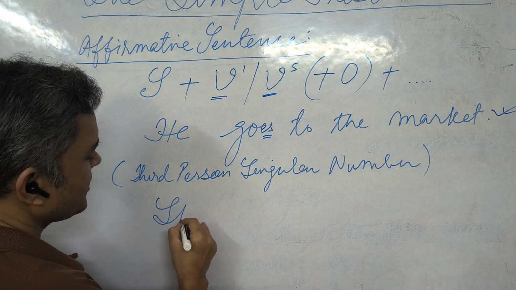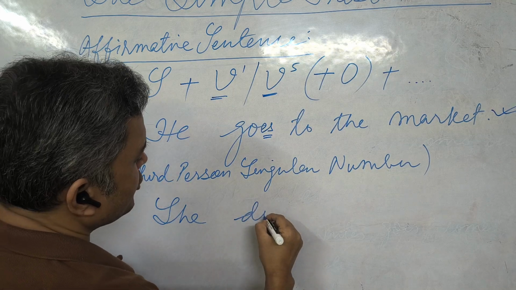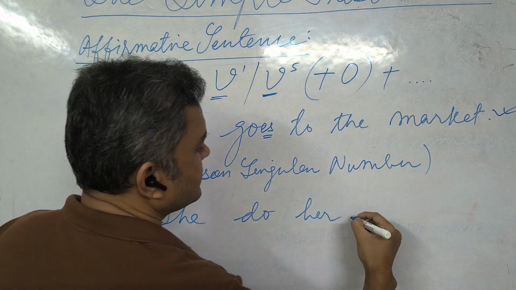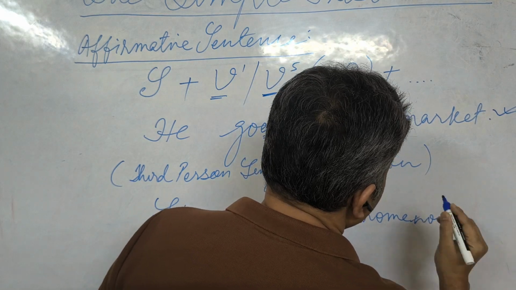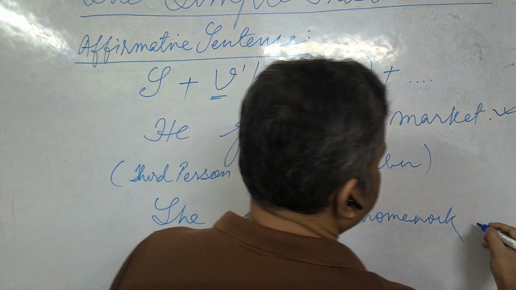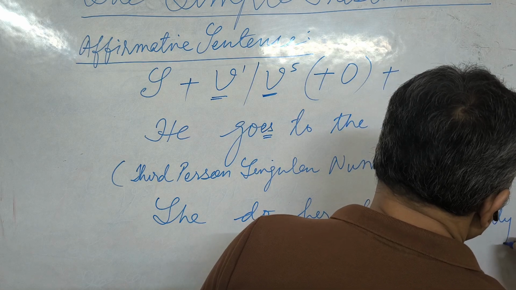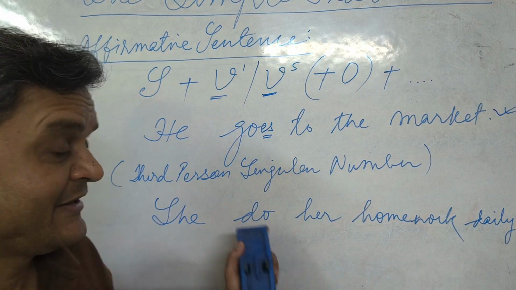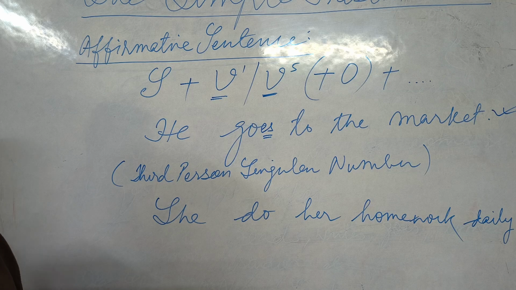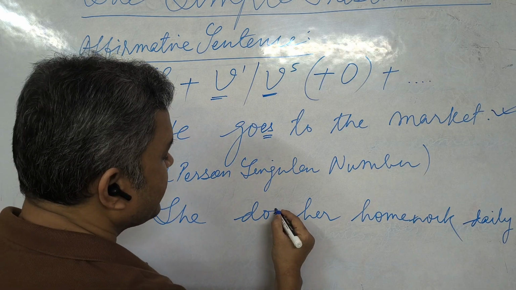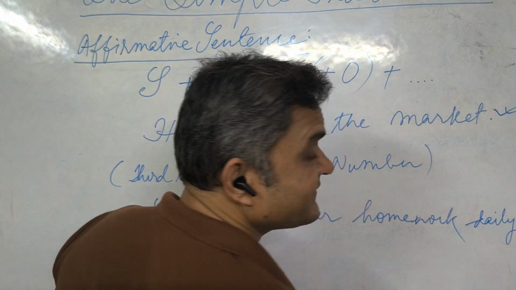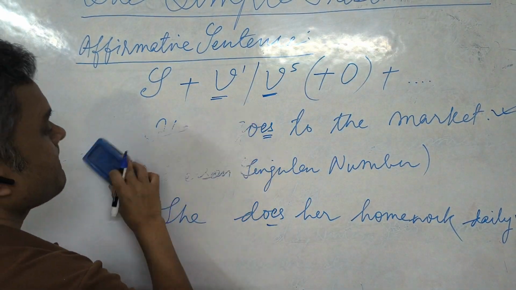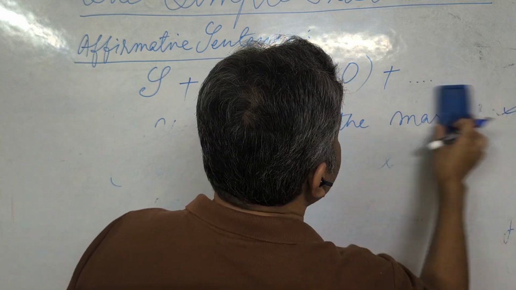Similarly, "She do her homework daily." This is incorrect. We will say, she does her homework daily. Now it is correct. Understood? Some more examples.